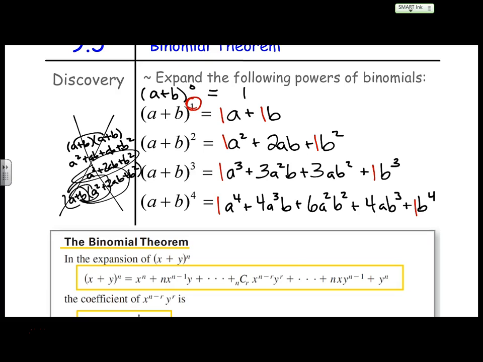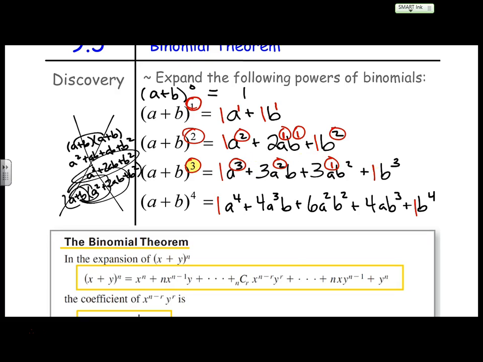And what patterns do you guys see about the powers? They add. Decreasing a and increasing b. Look at it. What's a doing every single time? He starts at the top and he counts down, and then all of a sudden he's gone, a to the 0.